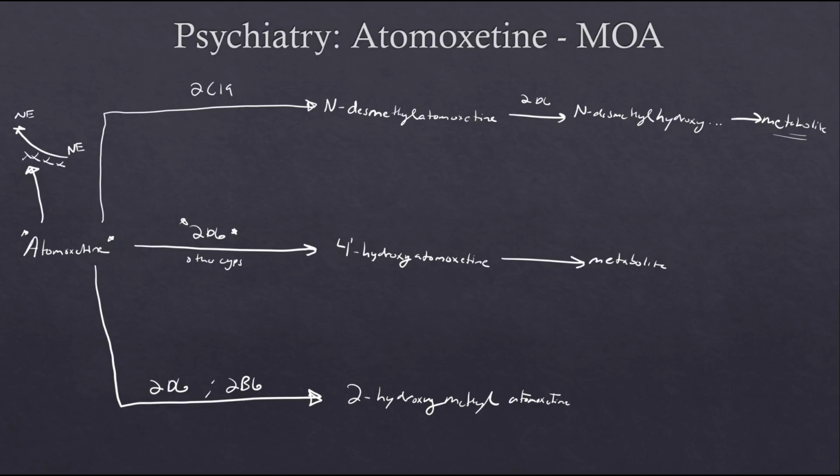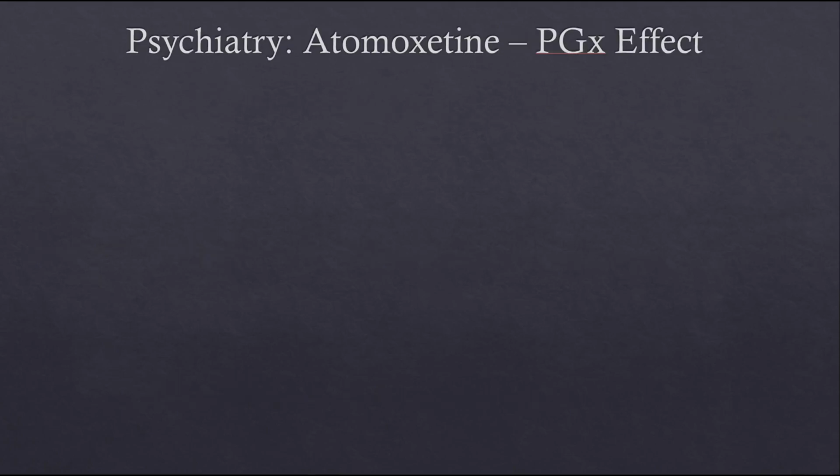Now that we have that main metabolism route by 2D6 under our belts, let's take a look at what the pharmacogenetic variation of 2D6 has on atomoxetine's pharmacology. And I'll make one note here.